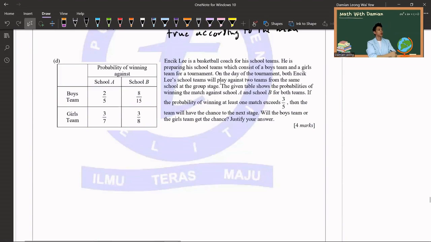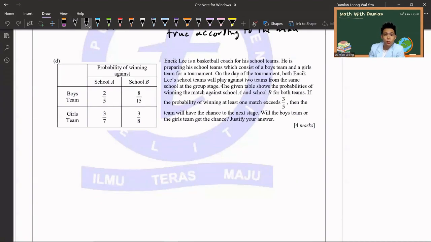And for part D, instead, Lee is a basketball coach for his school team. He's preparing his school team, which consists of a boys team and a girls team, for the tournament. On the day of the tournament, both his school teams will play against two teams from the same school at the group stage.